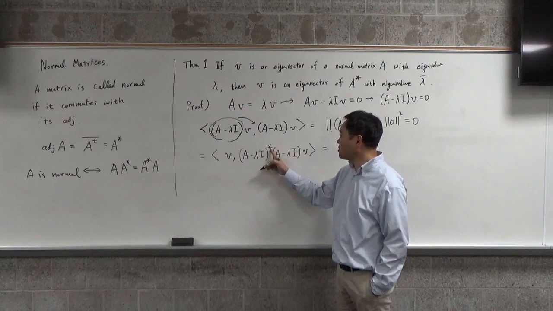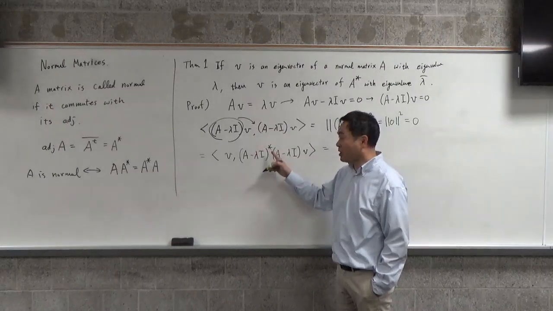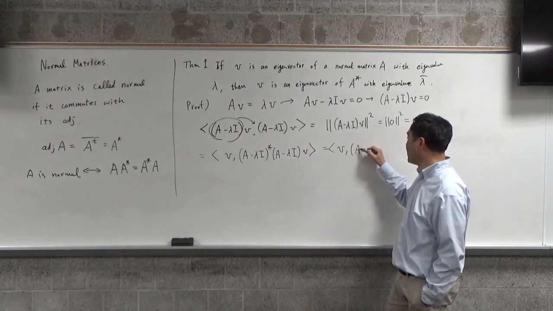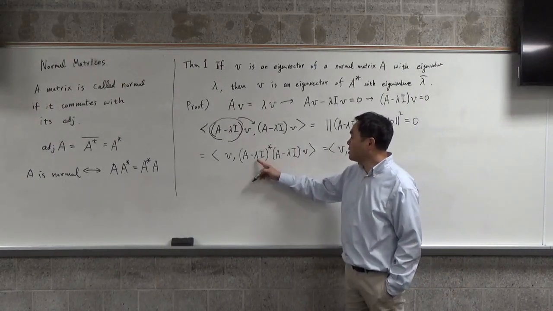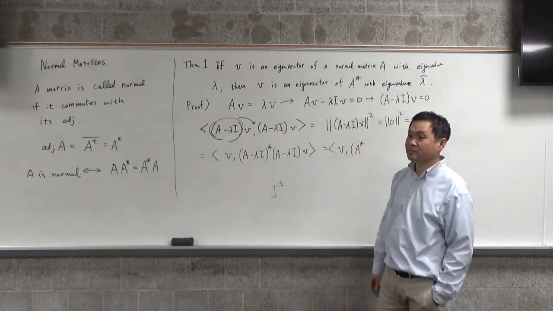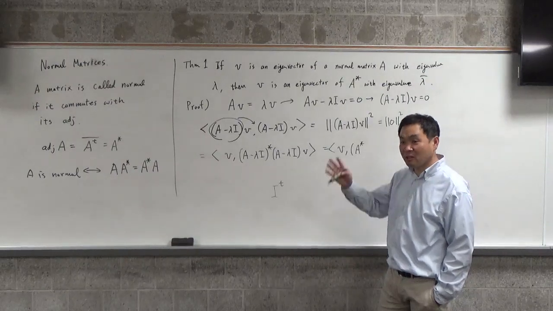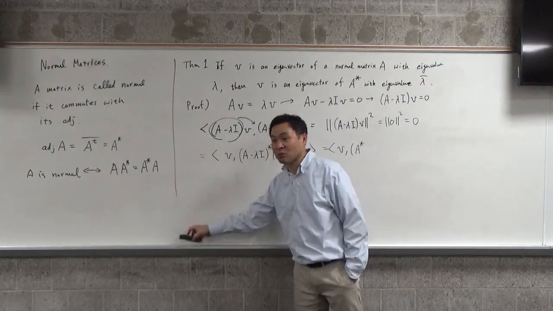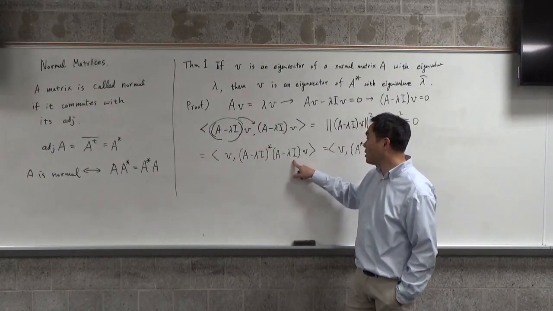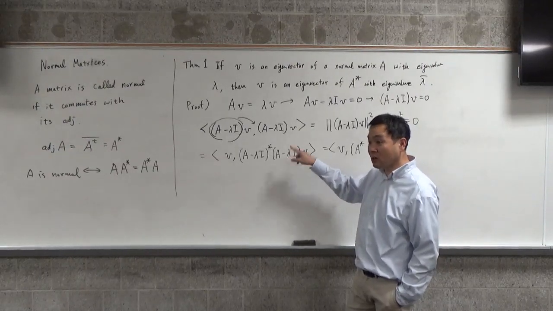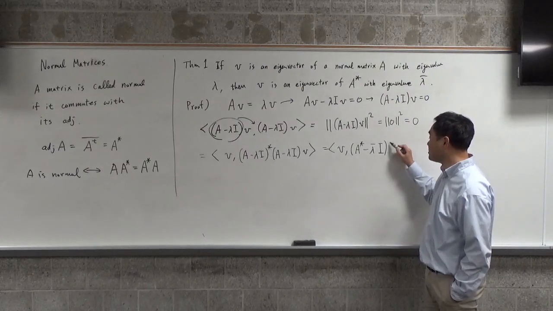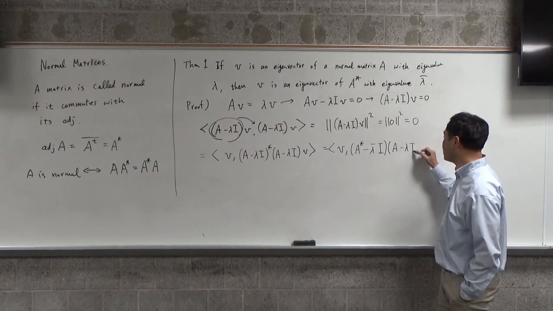Well, this is transpose and conjugate, so you get A star. But what do you get if you transpose the identity? The identity is already a diagonal matrix, so transpose doesn't do anything. However, if lambda is a complex value, the complex conjugate will do something, which is lambda bar I, right? So this is what you have.